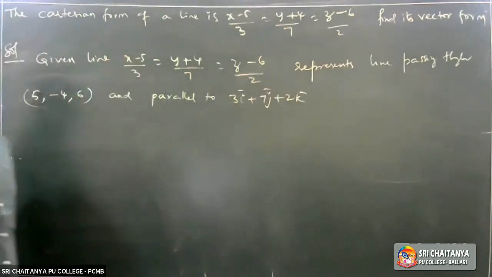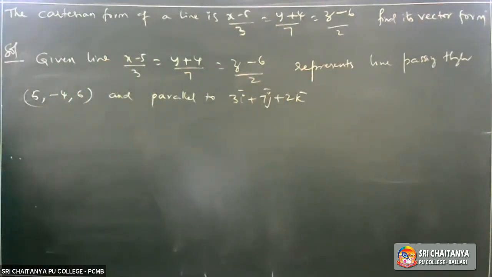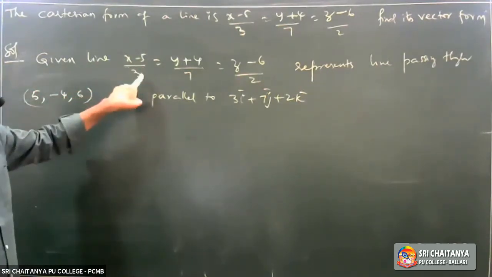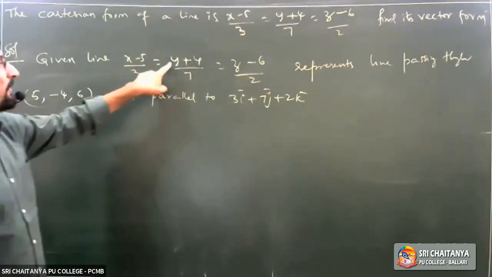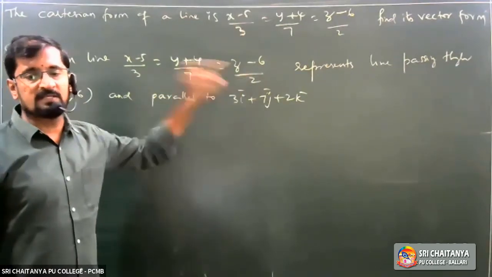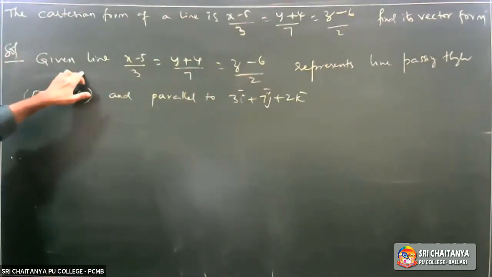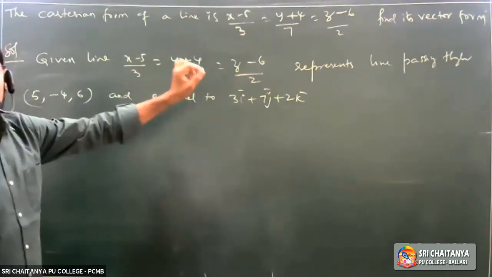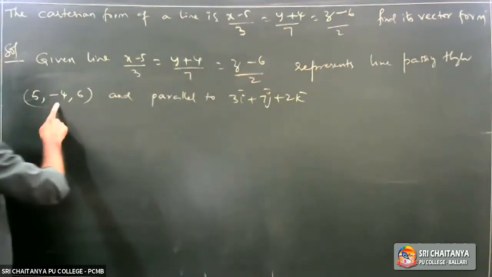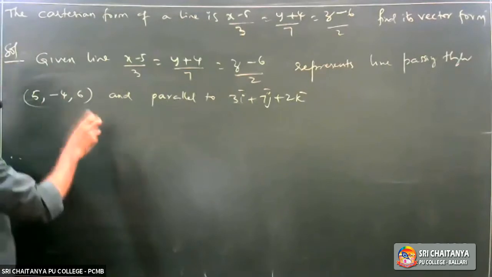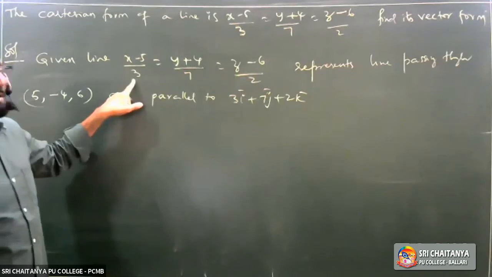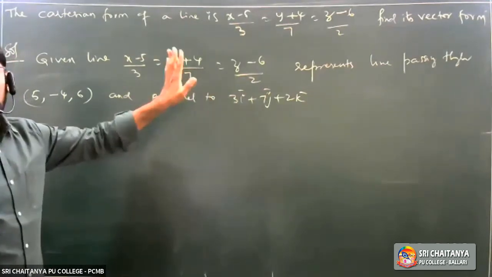Now, first of all, compare this line with x minus x1 by a is equal to y minus y1 by b is equal to z minus z1 by c. So, the given line represents the line passing through x1 means 5, y1 minus 4, z1 6, and parallel to the vector 3i plus 7j plus 2k. Am I right?